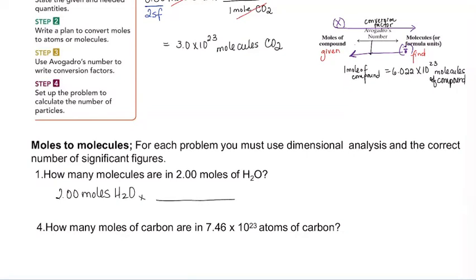And in order to do this conversion, we have to multiply by Avogadro's number. So this is going to be 1 mole of water equals 6.022 times 10 to the 23rd molecules. So MOLEC is going to be my shorthand for molecules.